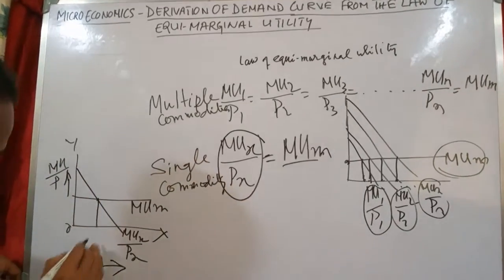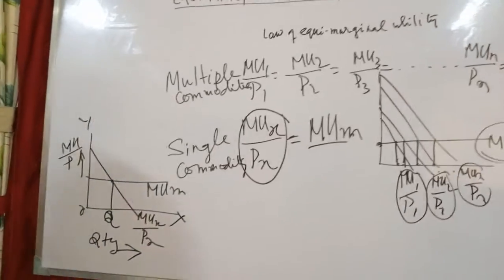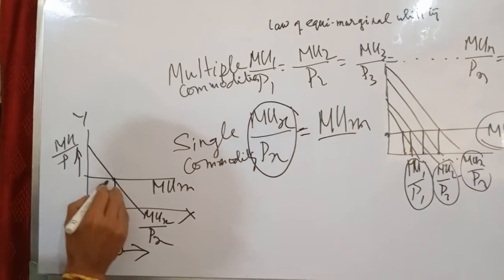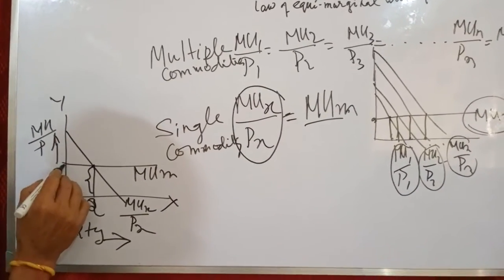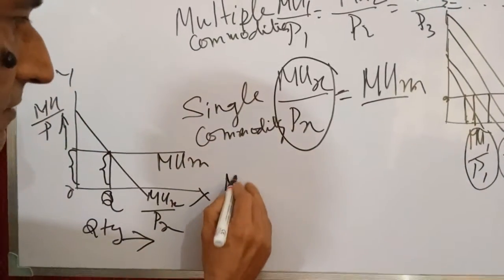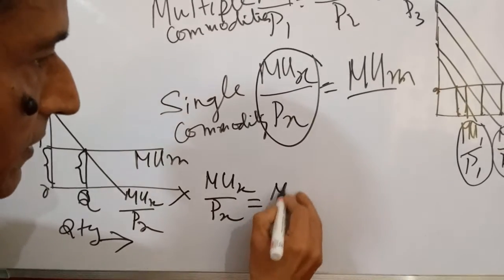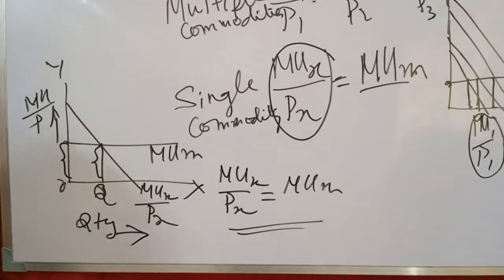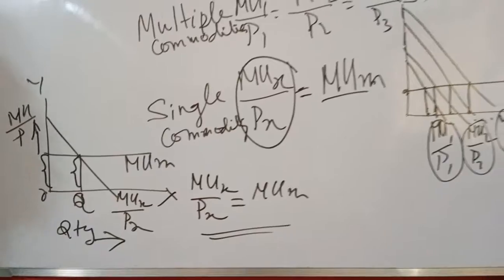So the consumer is consuming, say, OQ units of the commodity and deriving marginal utility of this much from that commodity, which is equal to the marginal utility of money. So MUx by Px is equal to MUm. This is what the law of equimarginal utility states.